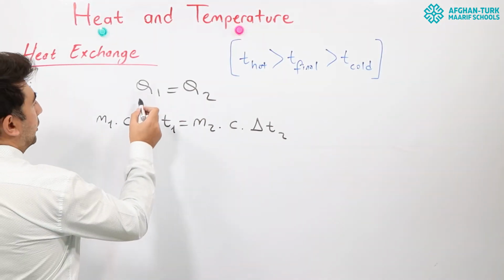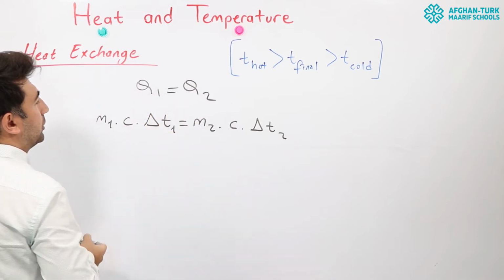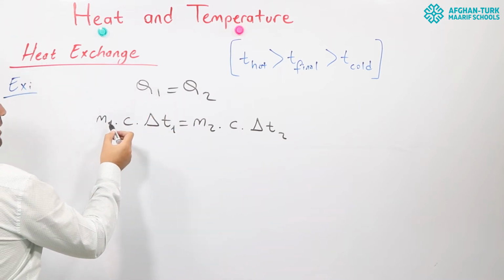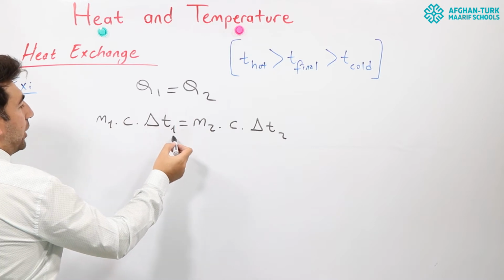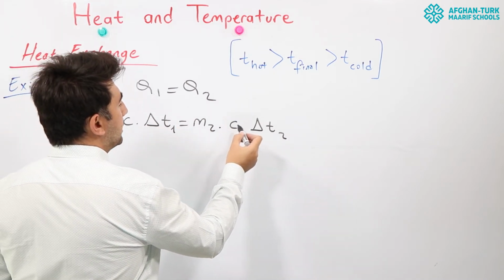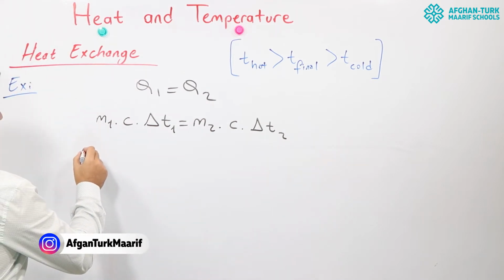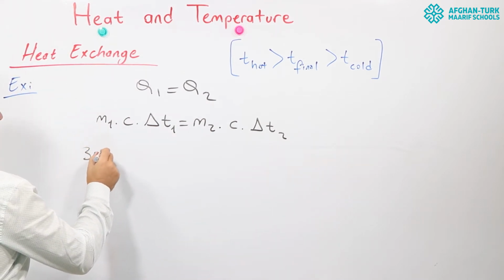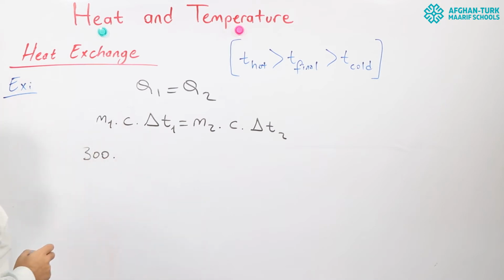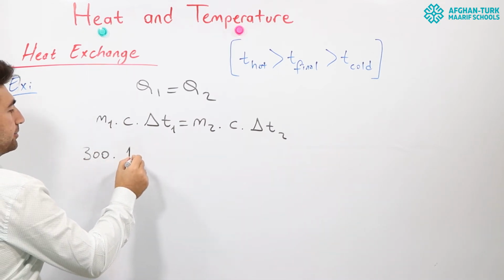We have to equalize Q1 with Q2. Q1 was M1 times C times delta T1, which is equal to M2 times C times delta T2. M1 was 300 grams times the specific heat capacity of water, which was 1 calorie.